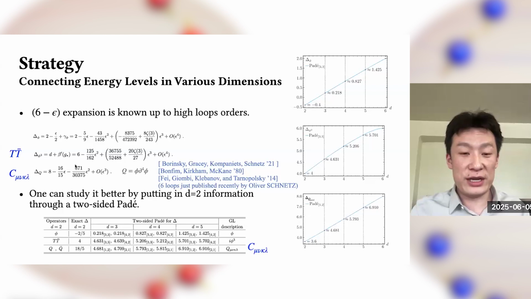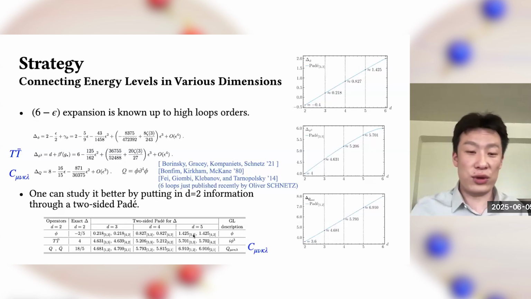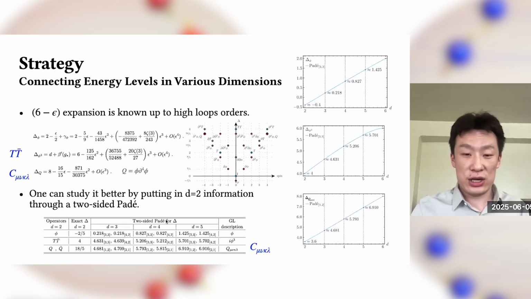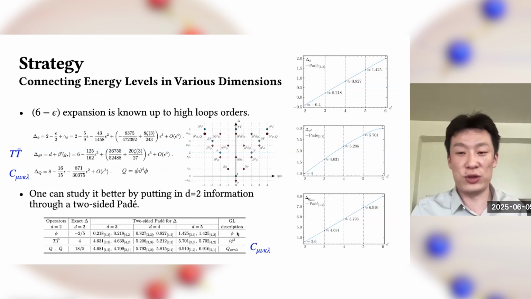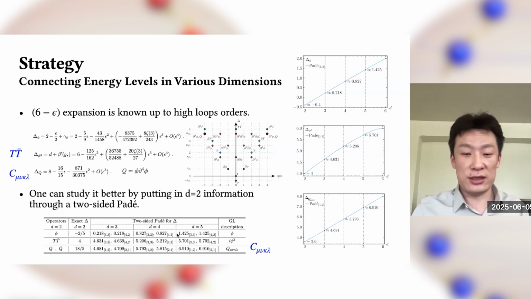Another piece of information that we learned from the 6 minus epsilon expansion is that we should be identifying the TT-bar operator to the phi-cubed operator in more general dimensions. And then there's also another operator, which is the spin 4 primary.